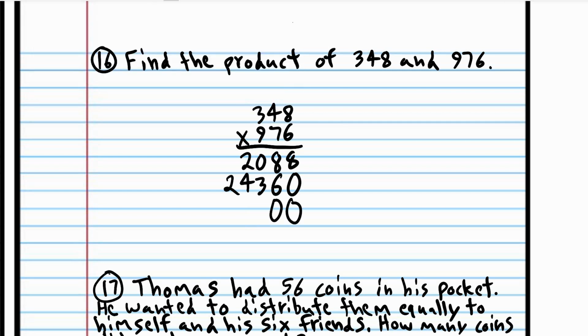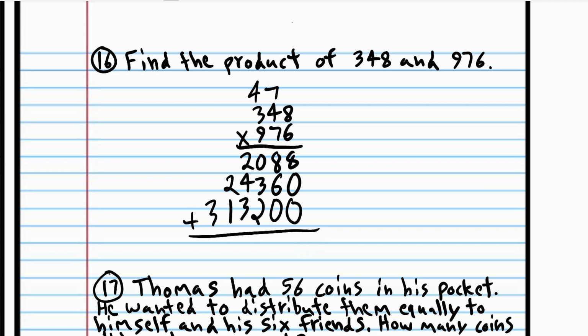We don't want to get confused. 9 times 8 is 72. Put the 2, carry the 7. 9 times 4 is 36. 36 plus 7 is 43. Put the 3, carry the 4. 9 times 3 is 27 plus 4 is 31. So put your 31 there.